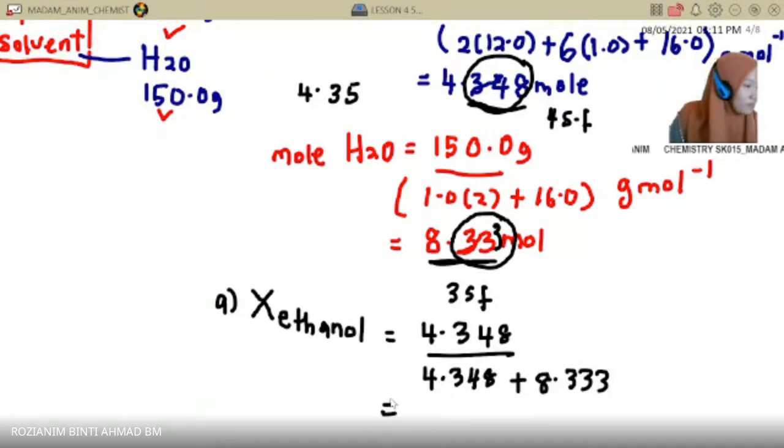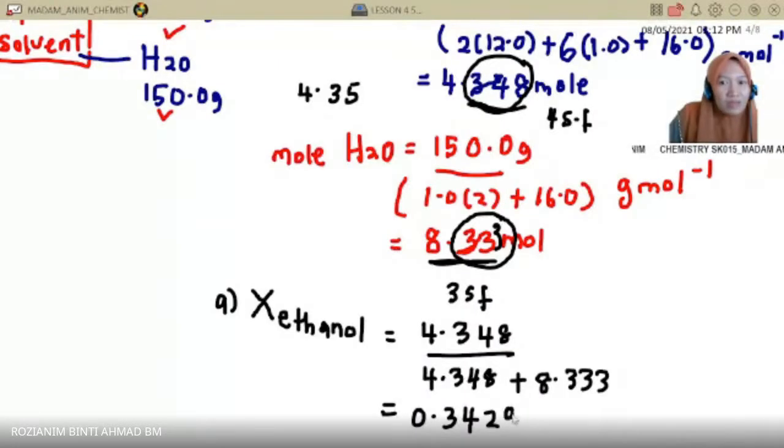Dapat berapa? 0.3 something tak silap saya. 0.343. Right. Okay, so 343. Kita ambil 3 significant. Okay, done. Okay, dapat dah jawapan mole fraction etanol.